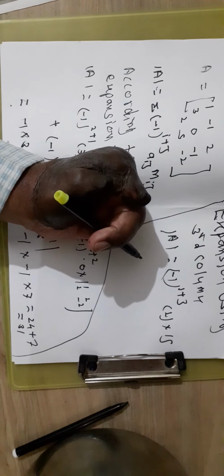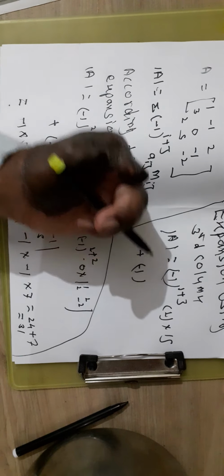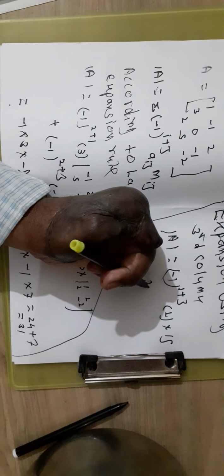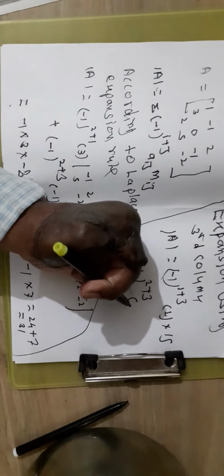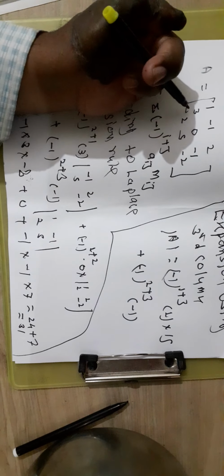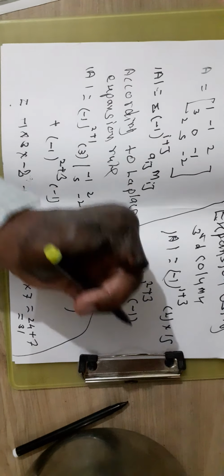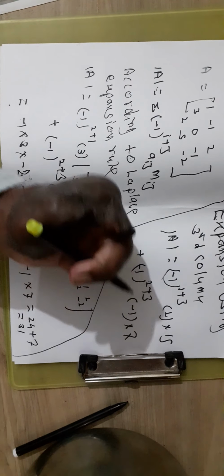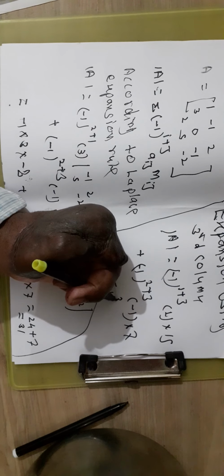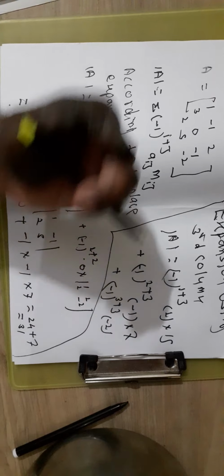Then here plus (-1) raised to power 2 plus 3 into -1, the element in the second row and third column, into the minor of -1, which is 5 minus 2, that is 7, plus (-1) raised to power 3 plus 3 into -2 into 1.